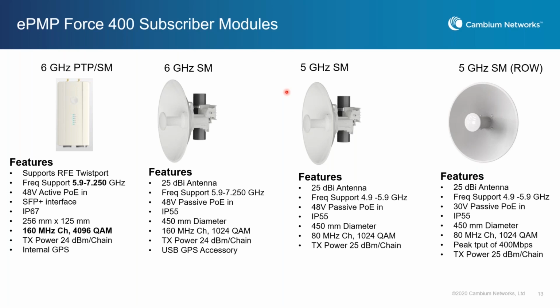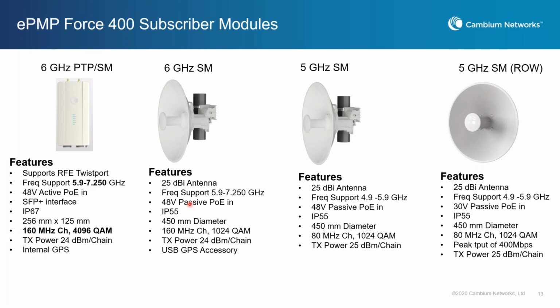We're doing some lab testing. We actually have a deployment outdoors as well at 2 miles that I'll touch on a little bit. It's a 5.9 to 7.250 support, active PoE, SFP+, et cetera. The key thing I want to highlight with my laser pointer is that this is the one product that does support 4096 QAM and the 160 MHz channel.